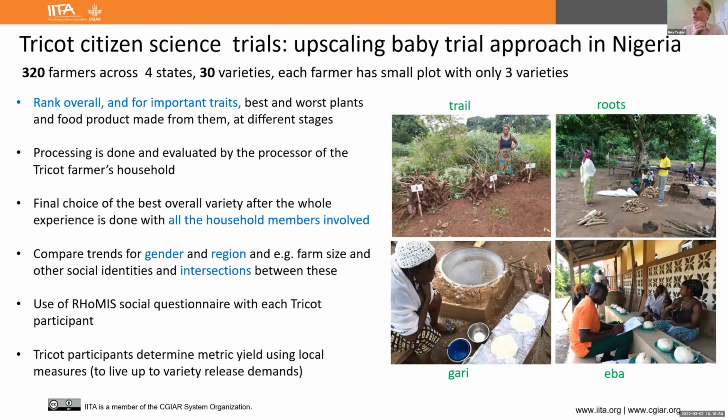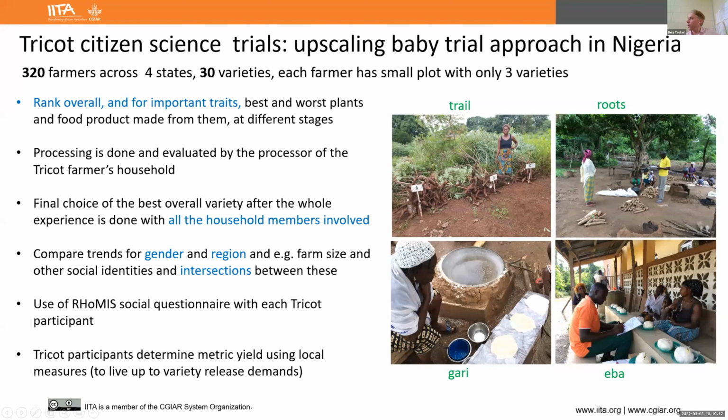Now, going to the work that we performed here in Nigeria, we had 320 farmers across 44 states, and 30 varieties that were evaluated in total. And of course, each farmer has the 3 plots. As you can see in the photographs, the woman who is standing there has 3 plots, and you see the plot has just been harvested.